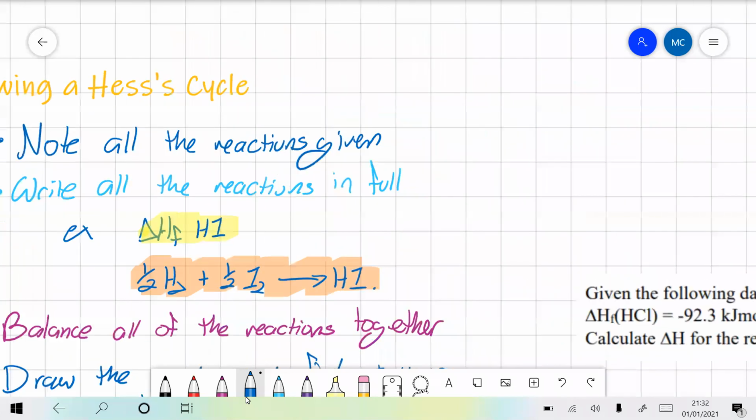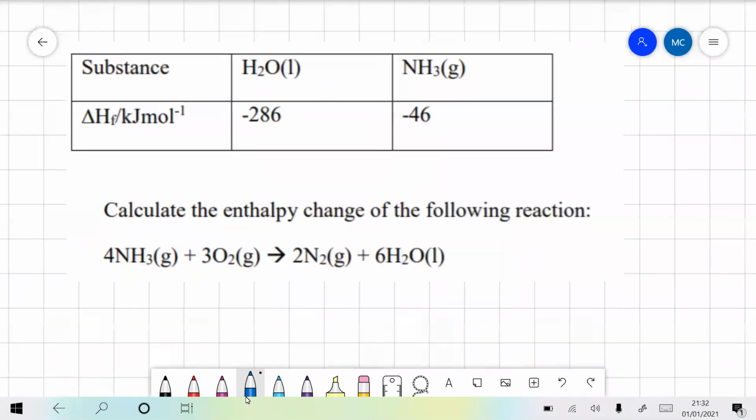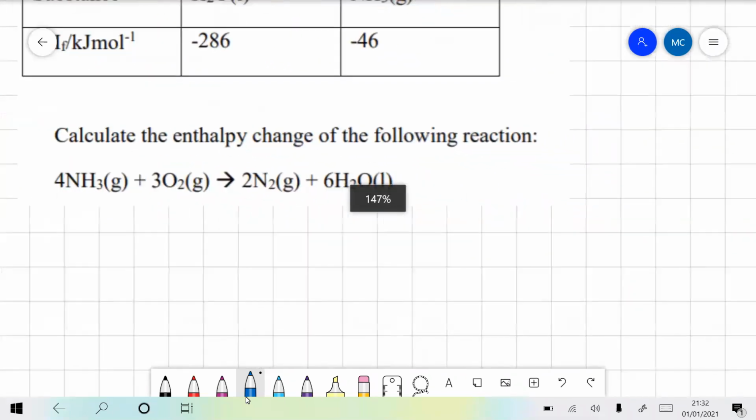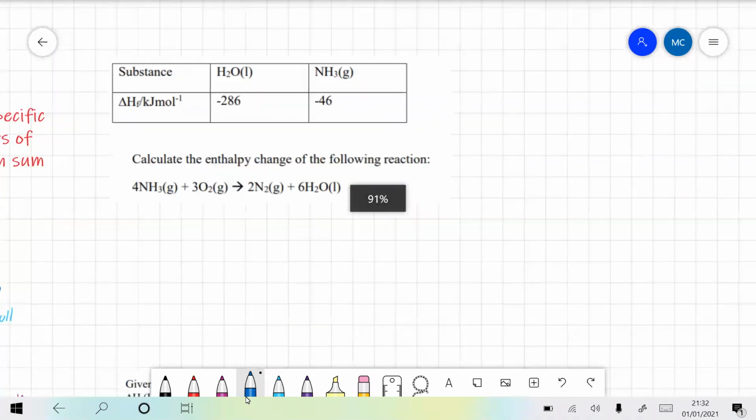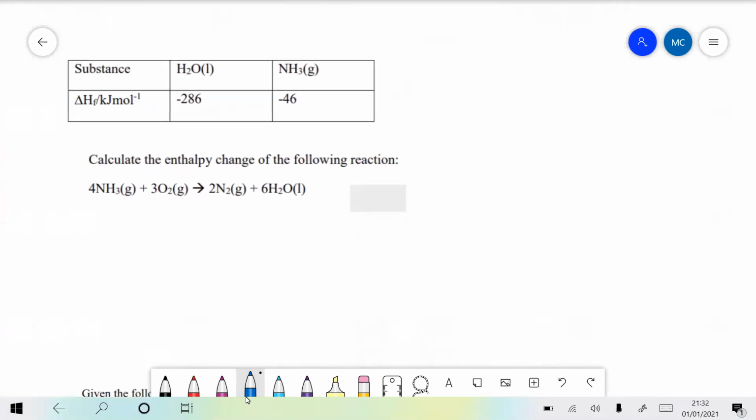So let's try the first example, which is the combustion of ammonia, but it is not delta HC because it's not going to be for 1 mole of ammonia. That is something that we need to note down.